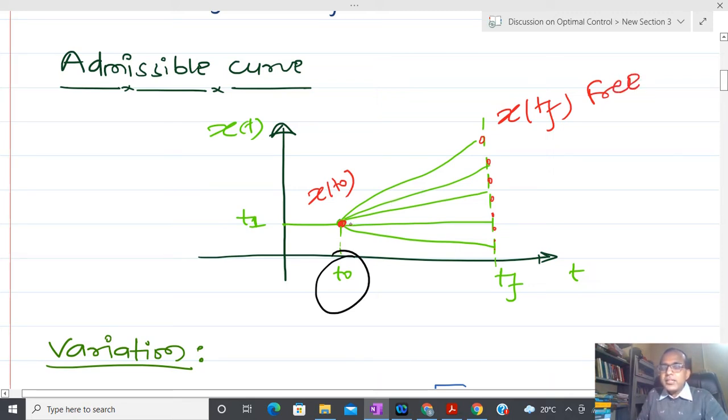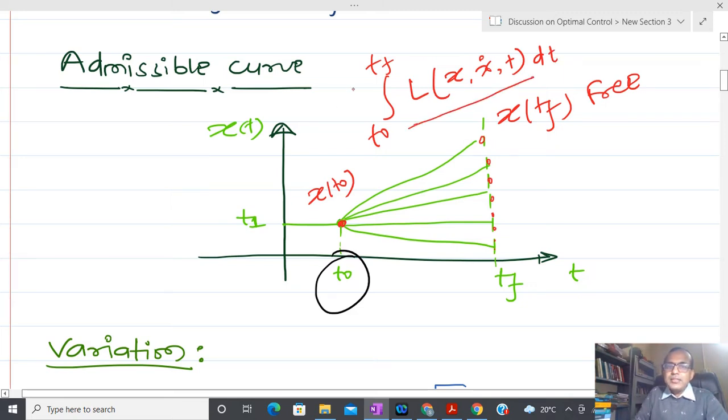It means the extremal of some functional, whatever functional I have defined, from t0 to tf, I have defined L(x, x dot, t) dt, and I have to extremize this.